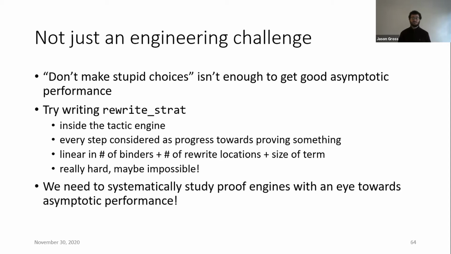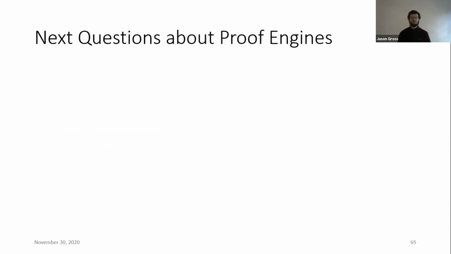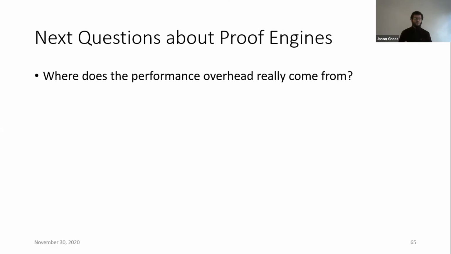As a field, we really need to study proof engines with an eye towards asymptotic performance. This brings up next questions about proof engines. I want to share this as a sort of bare bones research agenda, where we start by systematically understanding the field and then asking some deep design questions. Where does the performance overhead really come from?